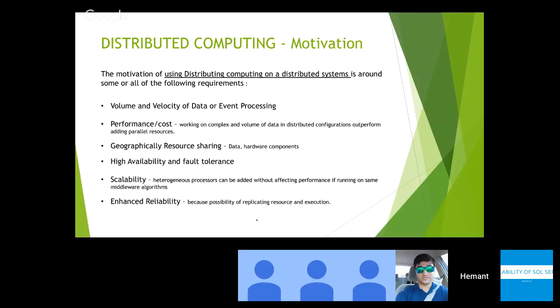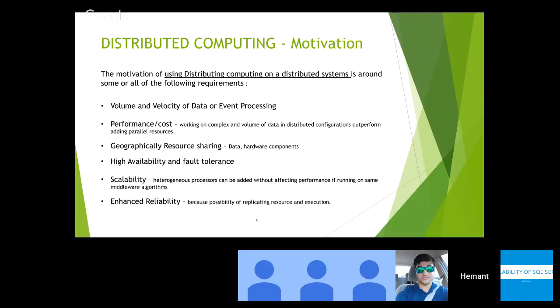Another thing is geographical resource sharing. For example, if you're doing banking transactions in multiple geographical areas, you can easily share your hardware with the hardware in that particular country or region. So that's another reason for motivation.